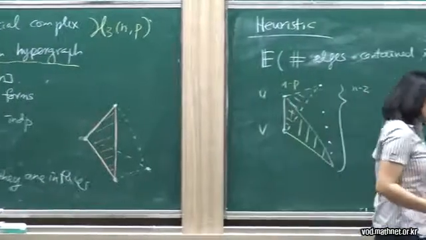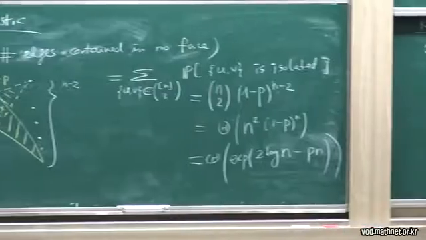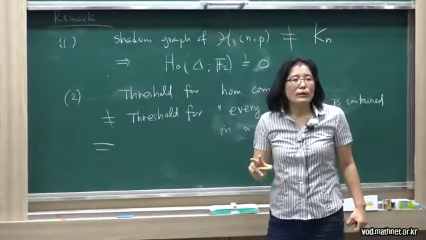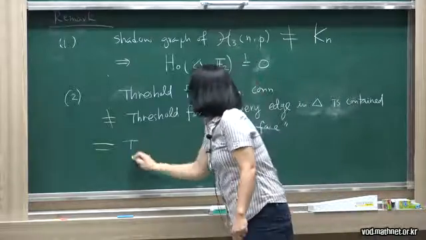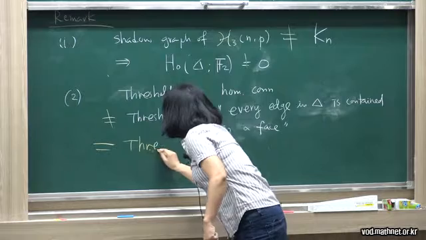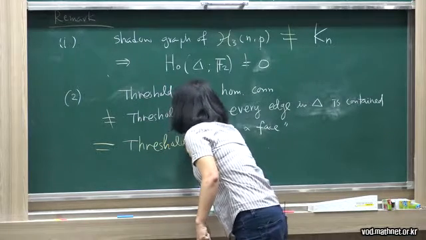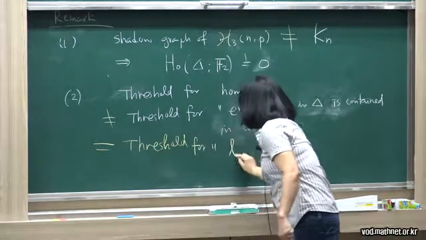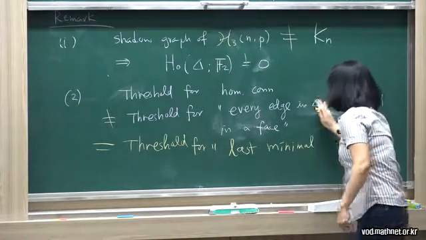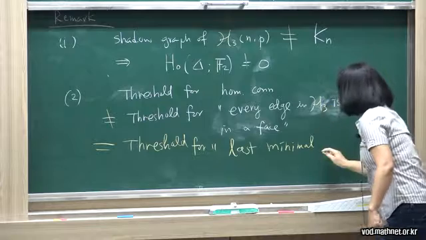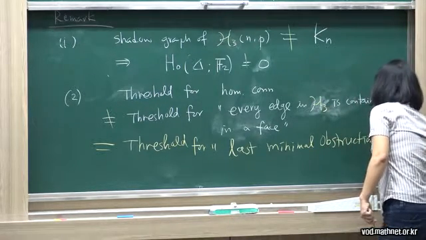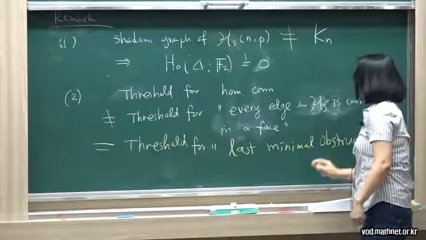But what does that mean then in terms of a threshold? Indeed, like the hitting time result of Bollobás-Thomason, we can find a minimal obstruction, then it disappears. So it's the same as the threshold for the property that the last minimal obstruction, I will call M, disappears.